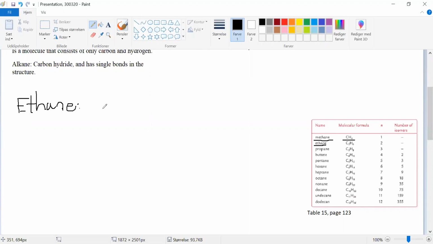Ethane there. So there's 2 carbons and 6 hydrogens. So the structure will be like this. Because now we can see that these lines here represent 2 electrons. So this carbon to the right here has 1, 2, 3, 4 bonds, and a single bond is 2 electrons each.